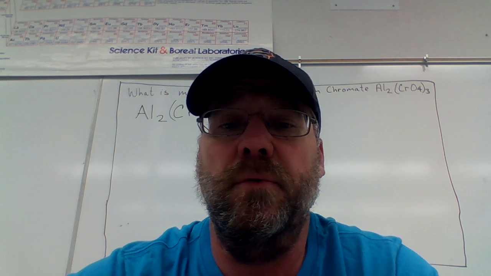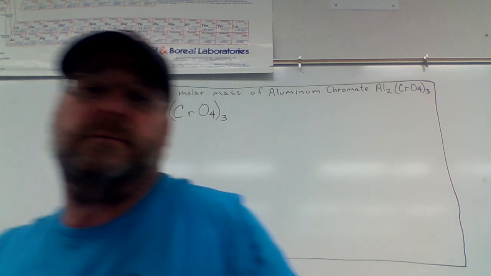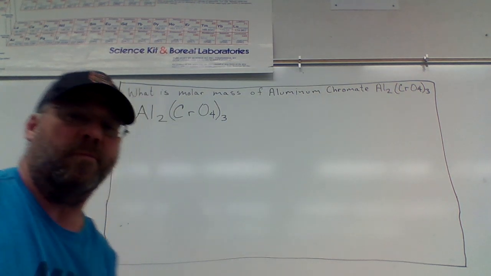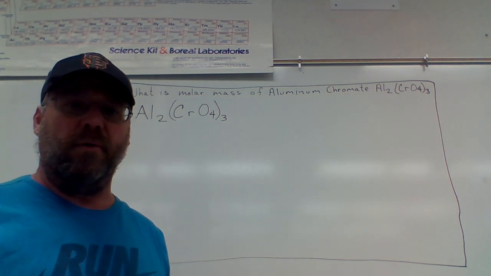So what I want to do now is put that slide on the board and walk you through the process of finding the molar mass of a particular substance. We're going to look at aluminum chromate, which is Al2(CrO4)3.